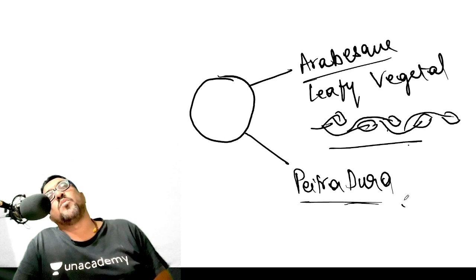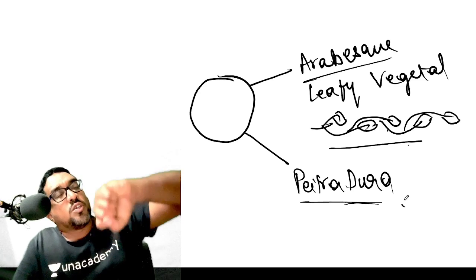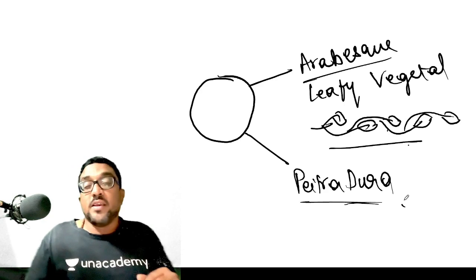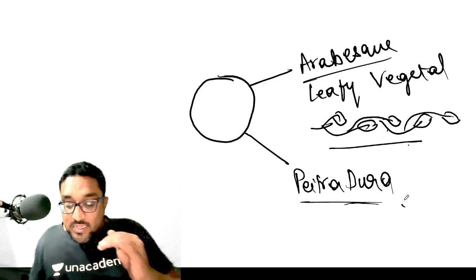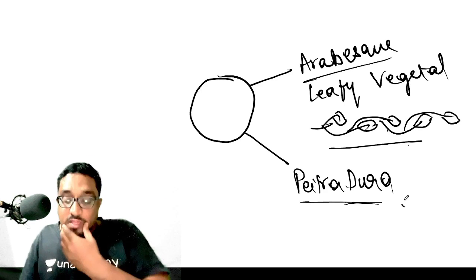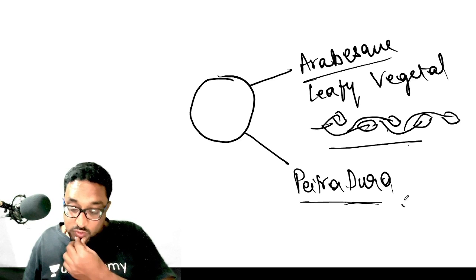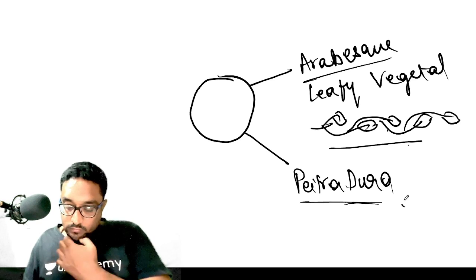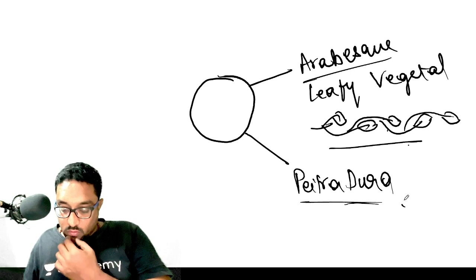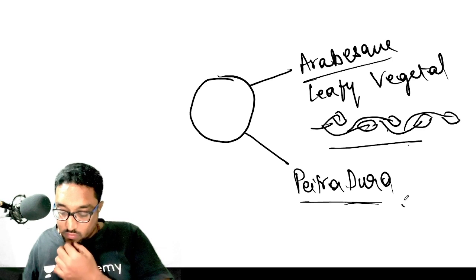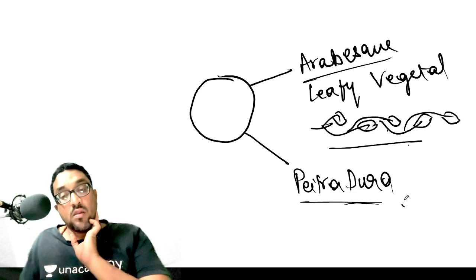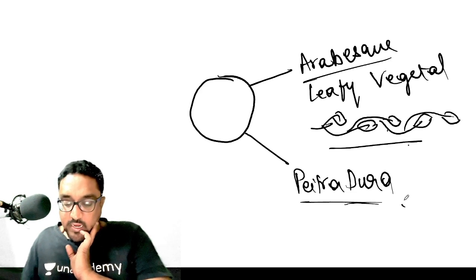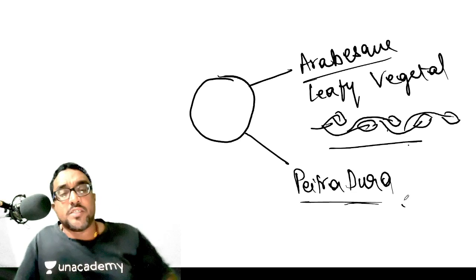Pietra Dura is a technique where the walls of the monument, like even in Taj Mahal, are inlaid or inscribed with precious stones. Okay, so that is the Pietra Dura technique, one speciality of this.